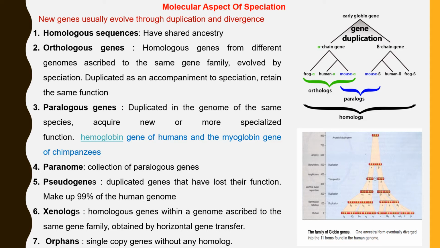Pseudogenes. These are duplicated genes that have lost their function. Xenologues. Homologous genes within a genome ascribed to the same gene family obtained by horizontal gene transfer. Orphans. Single copy genes without any homologues.